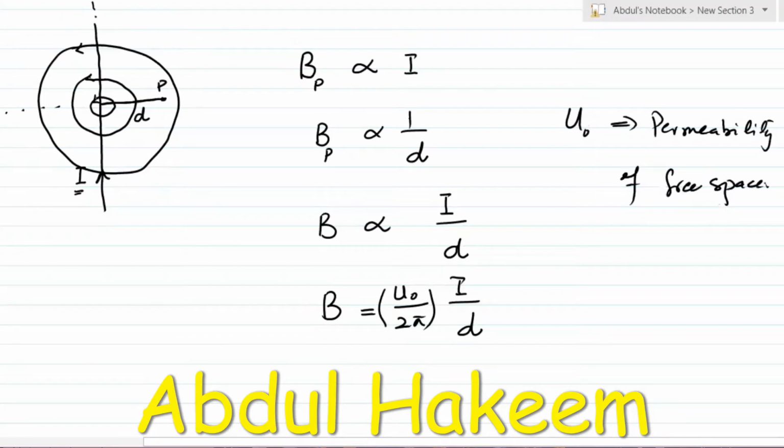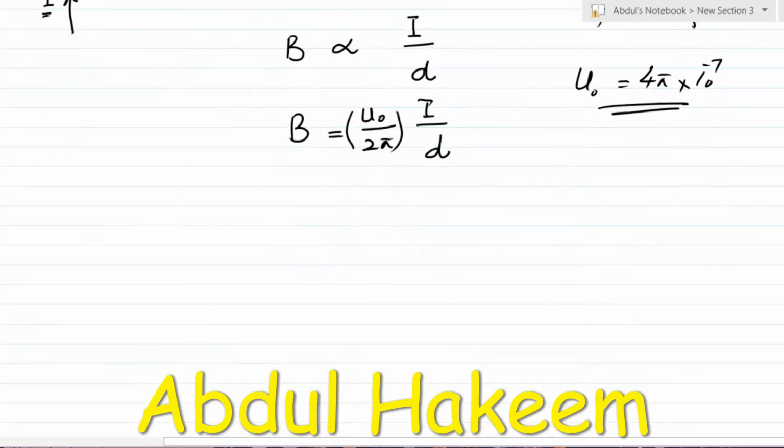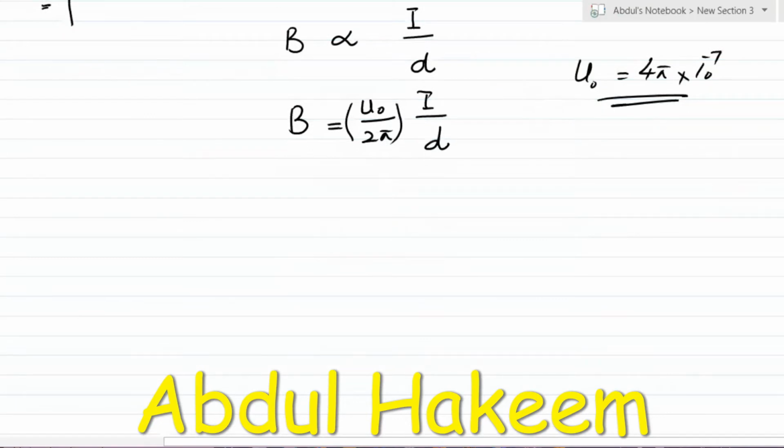Permeability of the free space, and its value will be given, mu naught will be given as 4 pi into 10 power minus 7 with its unit. So this is the value of the constant. So magnetic field strength B around a current carrying conductor, around a current carrying wire at any point is mu naught I divided by 2 pi d. So this is the first requirement.